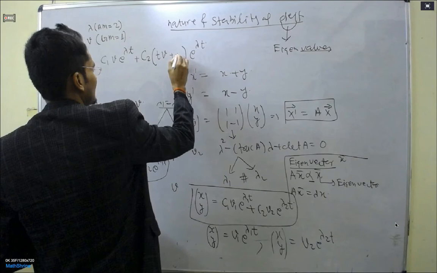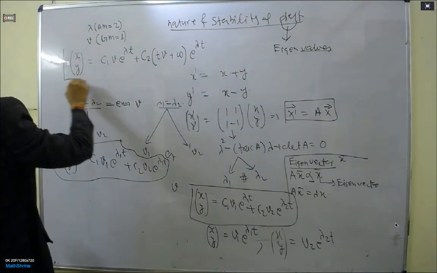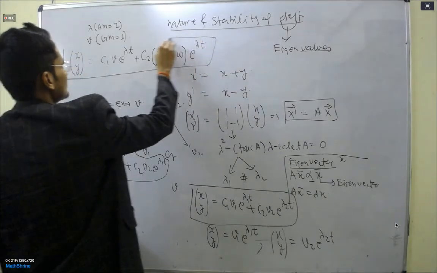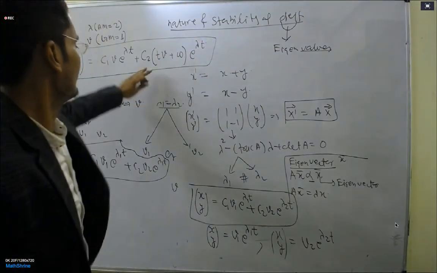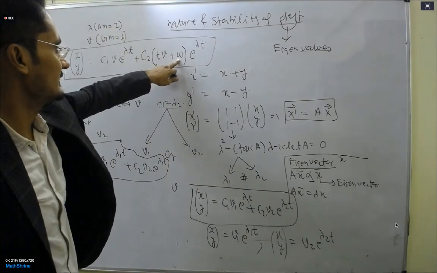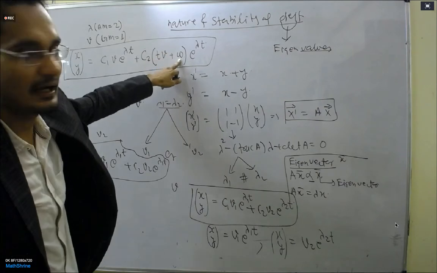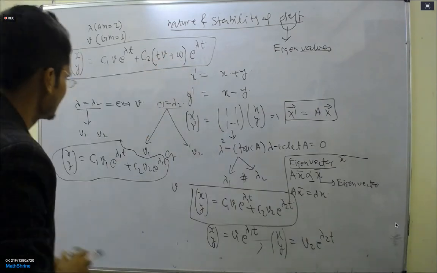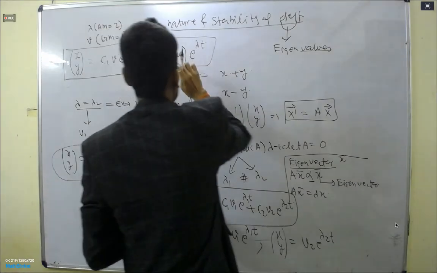This is a non-homogeneous system of equations. We will calculate w from here and substitute here. All right. The same argument can be extended for the 3 by 3 matrix also, 4 by 4 matrix also.